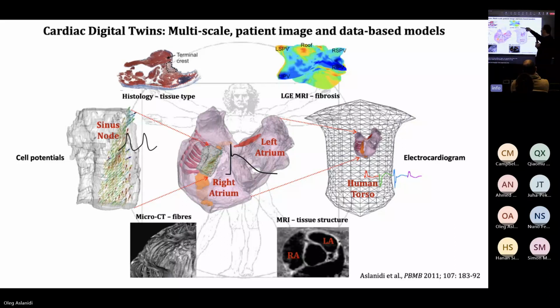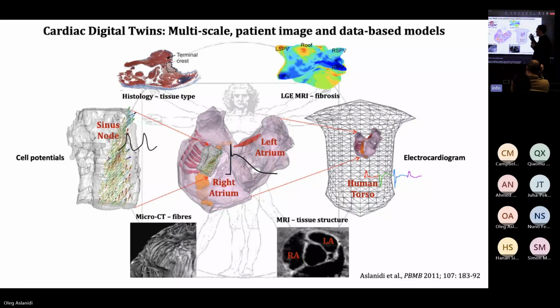Then you need patient-specific scans that are non-invasive, such as MRI scans, and you can get the detailed structure of the heart, and the detailed structure of the body. I will explain in a minute why we need the body as well. And then some pathologies within the heart. I will focus a lot on fibrosis today. Fibrosis is a collection of collagen tissue inside the heart that prevents the myocardium from contracting. And again, you can get it from MRI.